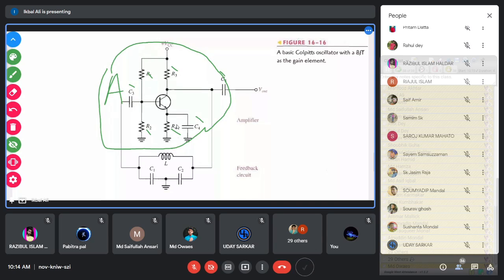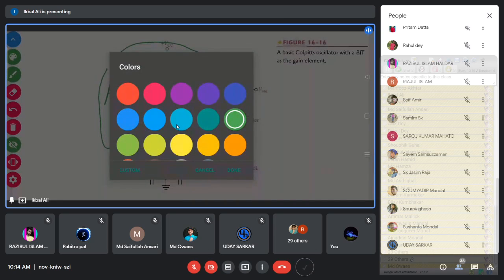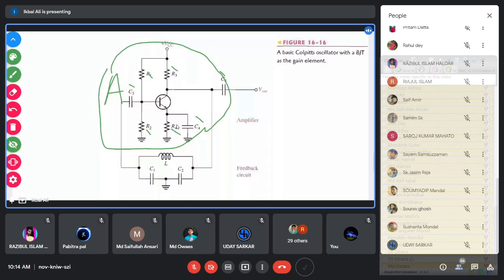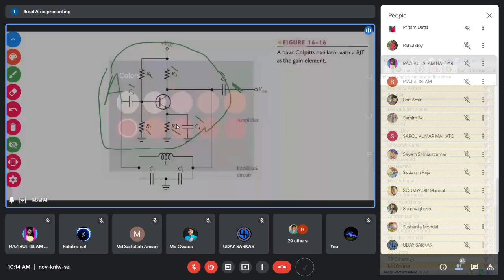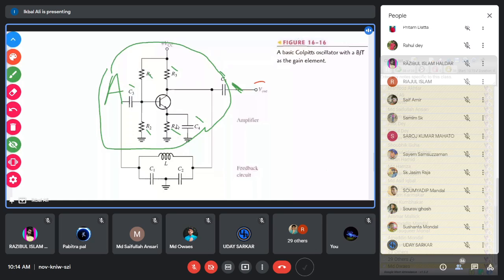Now let us discuss the beta network. At the output of the amplifier, you have the output voltage V out. This output voltage is tapped here.